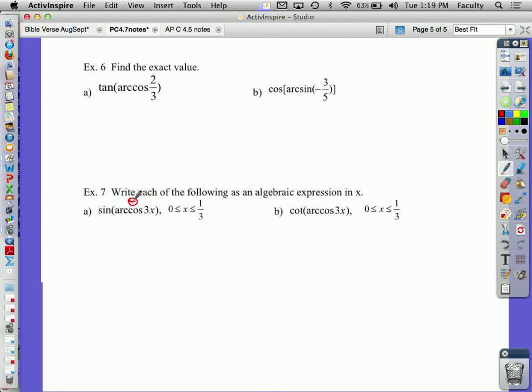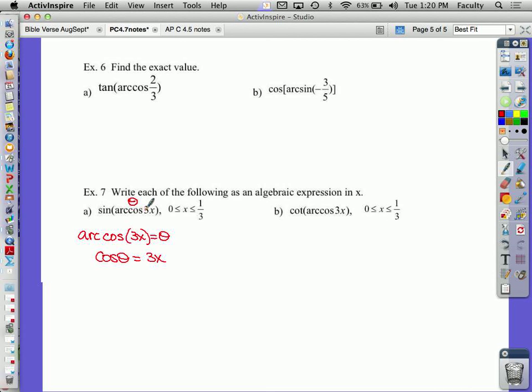Well, I know the answer to the inside is an angle. So I'm going to say arc cosine of 3x equals theta, or cosine theta equals 3x. Now, if x is between 0 and 1/3, that's positive, right?